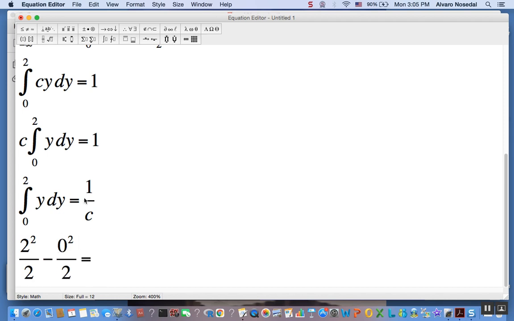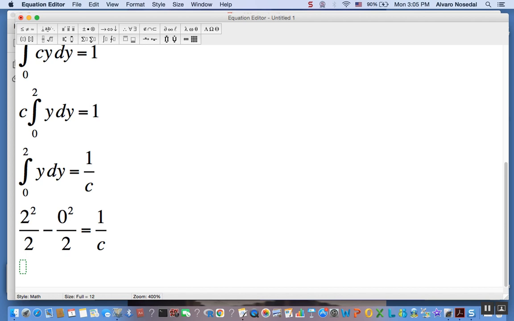And that is going to be equal to the reciprocal of the constant that we are looking for. So that's just 4 divided by 2, that happens to be 2, equals 1 over c.